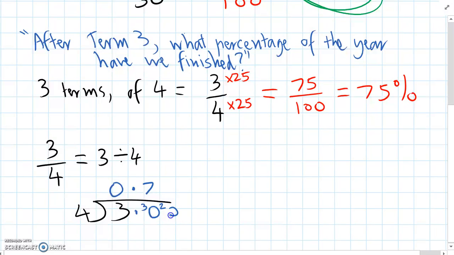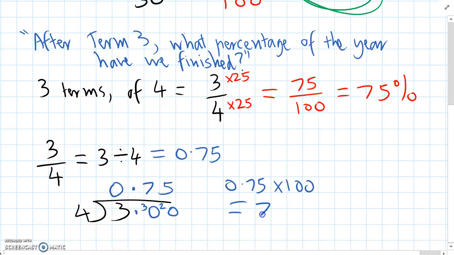We have 2 remainder. 4 into 20 goes 5 times. 0.75. And to go from a decimal to a percentage, remember we multiply by 100. So 0.75 times 100 equals 75%.